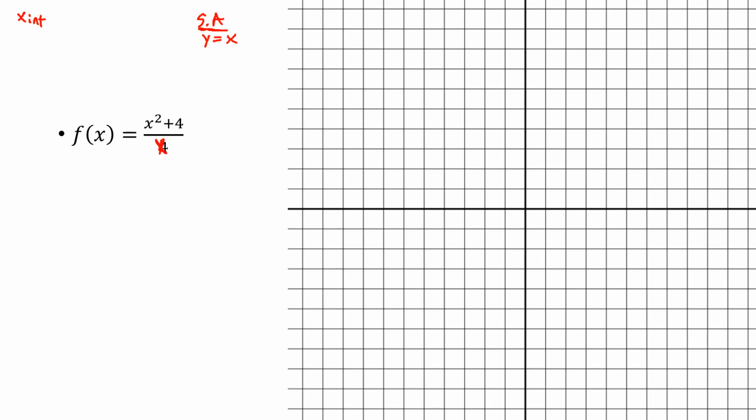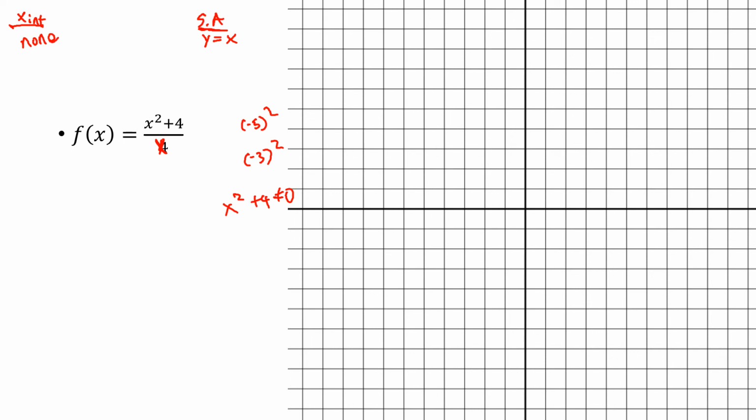For example, negative 5 squared is a positive 25, or negative 3 squared is a positive 9. So anything I square will be positive, and if I add 4 to it, then it's even more positive. So this will never be 0. So for our x-intercept, we're going to say that there is none.